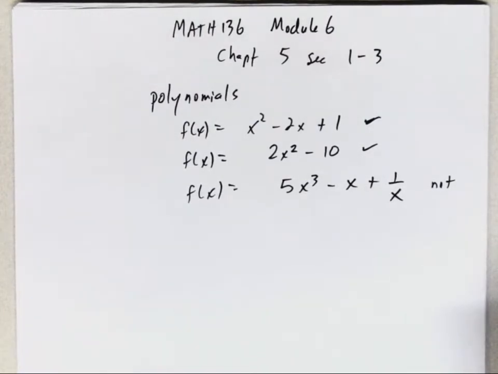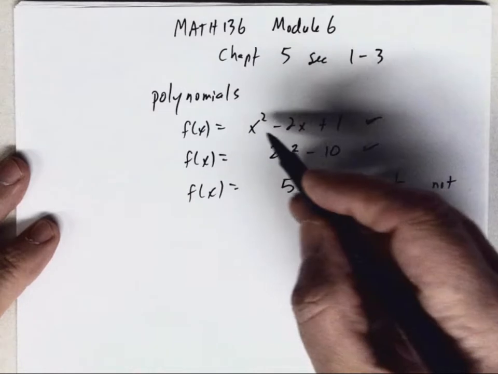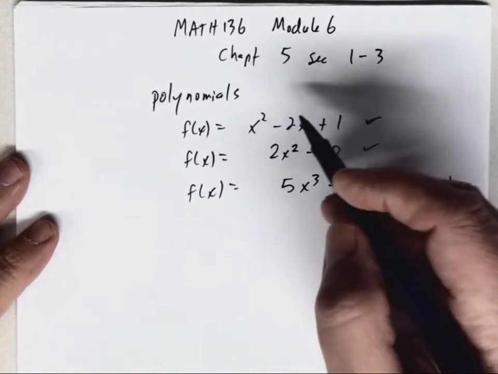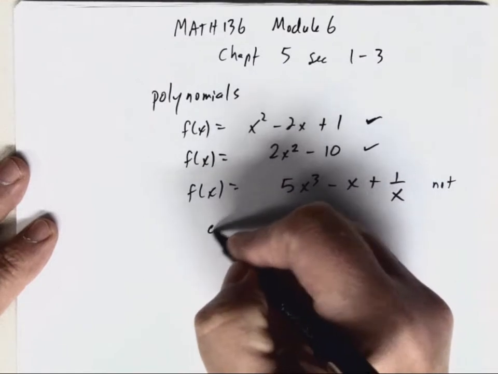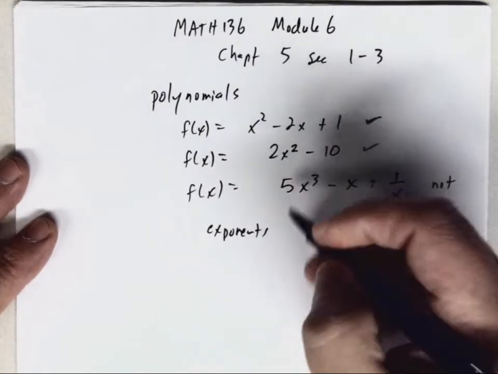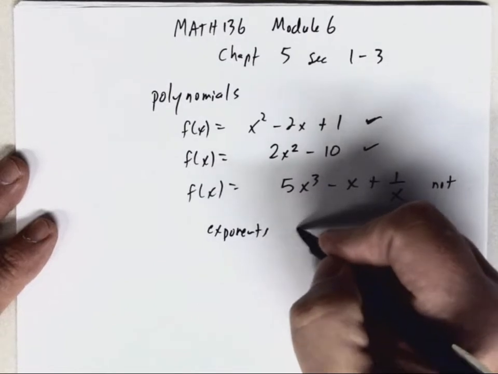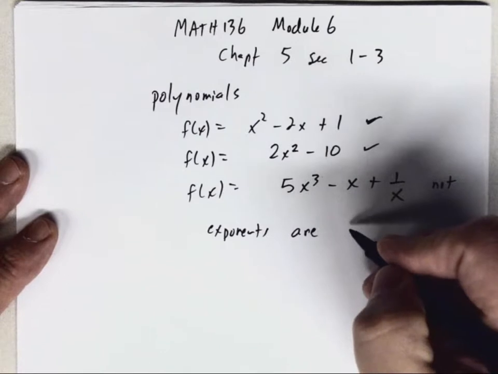So let's talk about what makes something a polynomial and some definitions. Polynomial, you have one variable, and the key is to look at the exponents. For a polynomial, exponents are integers and the number 0.